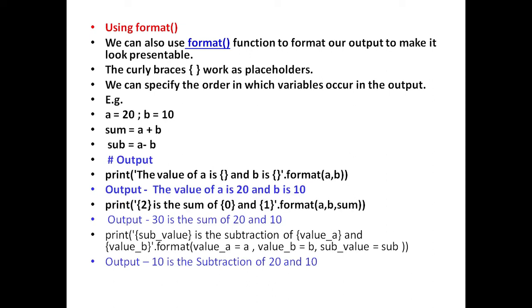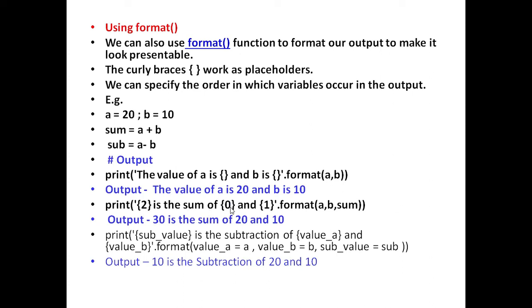The second method is print with the variable position, that is, {2} is the sum of {0}, {1}, and with format we have specified A, B, sum. The output will be 30 is the sum of 20 and 10. Since the value at the second position is sum, 30 is printed.